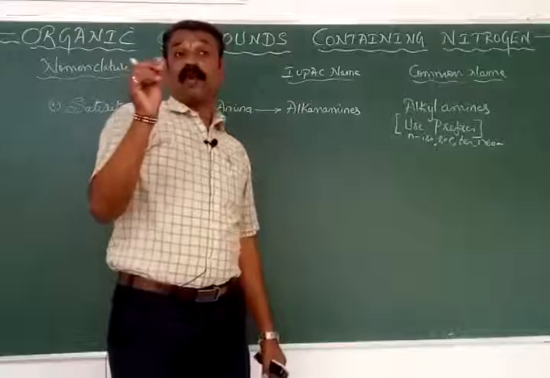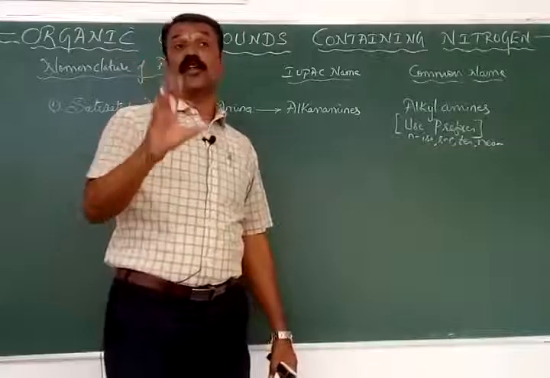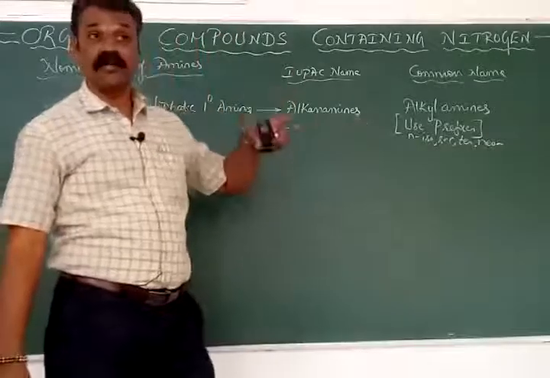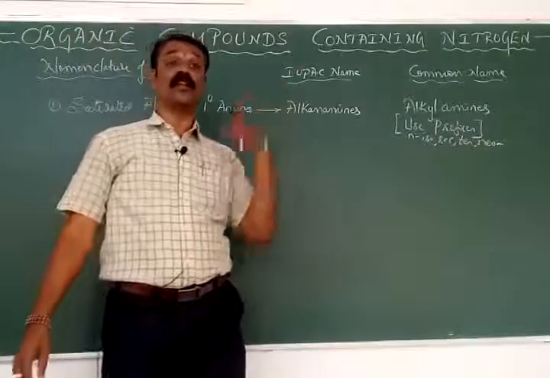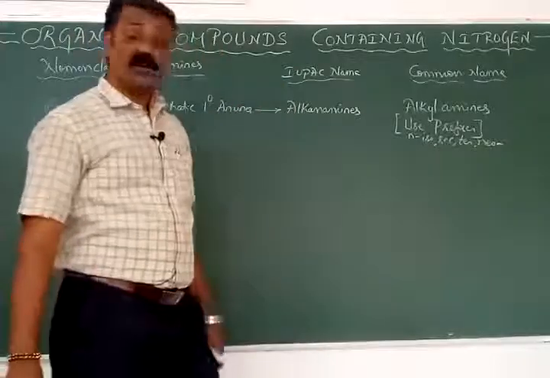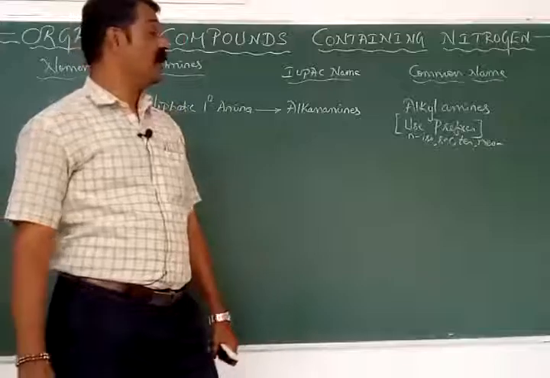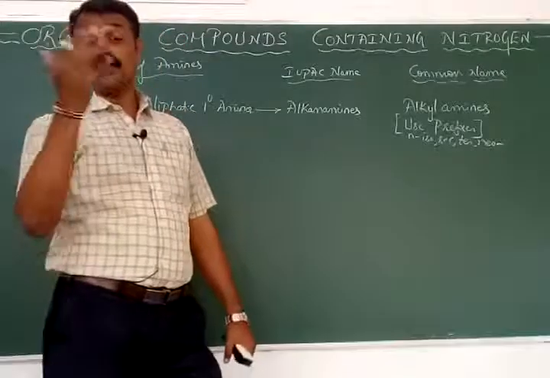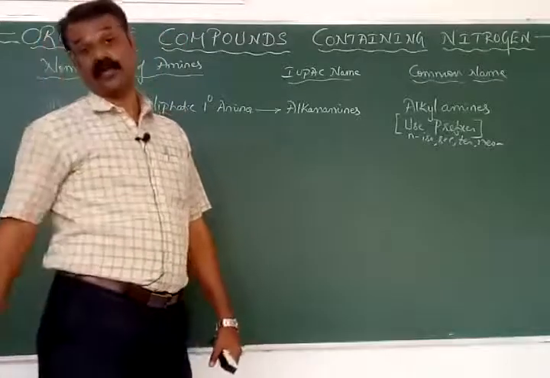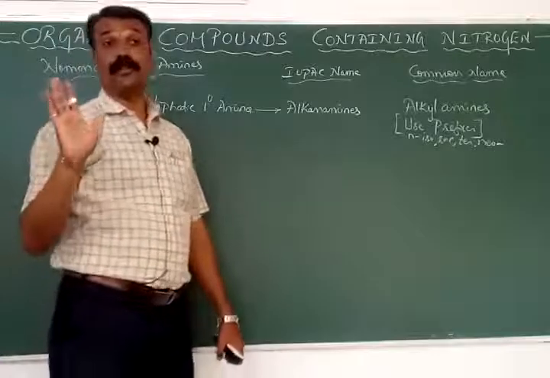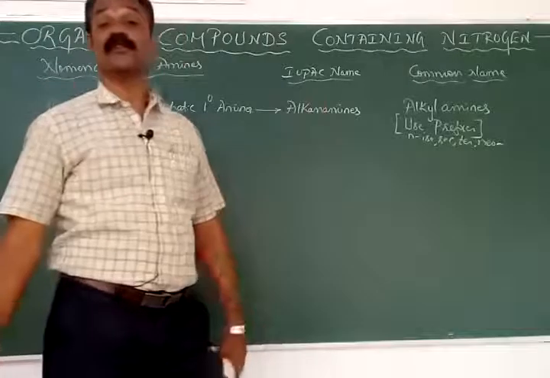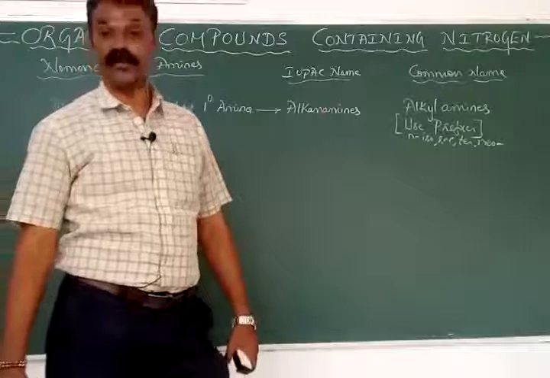If the given carbon atom bearing the functional group is attached to two other carbon atoms, it is called secondary. If it is attached to three other carbon atoms, it is called a tertiary carbon atom. And finally, if the given carbon atom is attached to four other carbon atoms, we can use neo as a prefix.